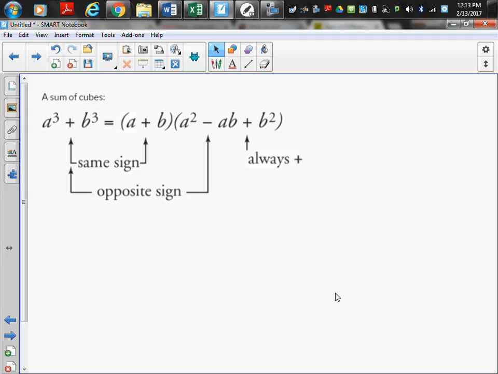Then your trinomial starts A squared minus. So it will always have the opposite sign. And then the last one is always a plus. So your last number always has a plus when it is cubes.